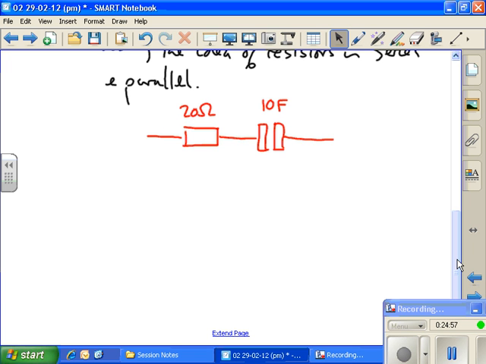Okay, so what do we do? Well, we basically just add them up, okay? What would this be in S space? That's the same. 20, exactly the same. What would this be in S space? 1 over 10s? Exactly right. So we've got 20 plus 1 over 10s.